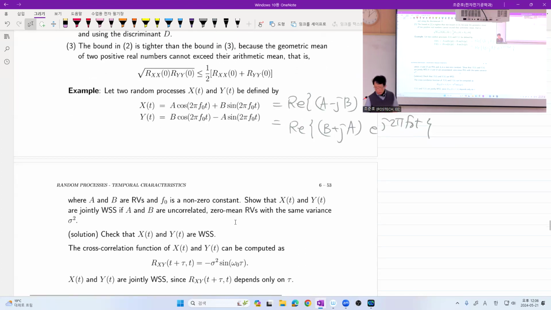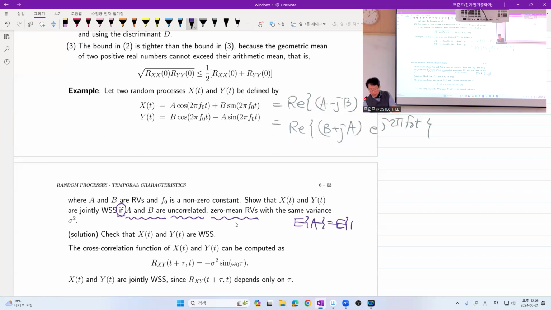For example, here, suppose A and B are uncorrelated, zero mean random variables. It means that the expectations of A and B are equal to 0, and the expectation of AB also equals 0.